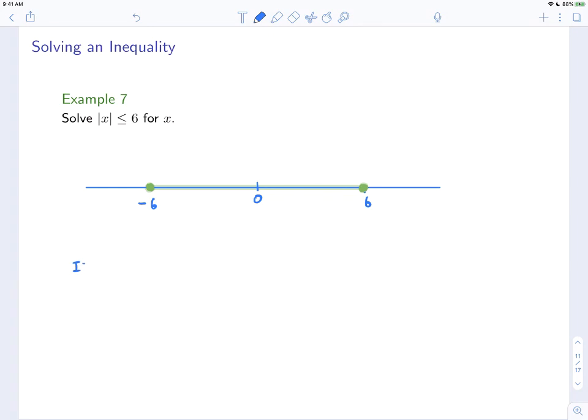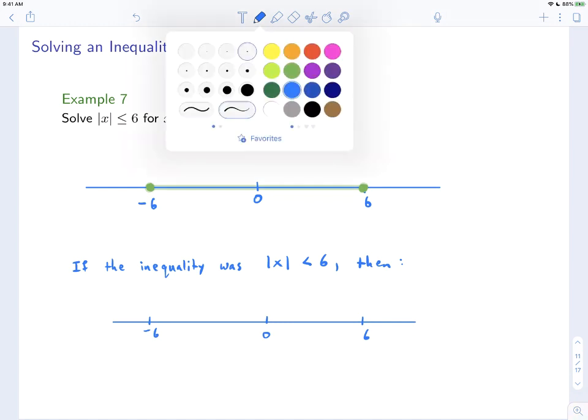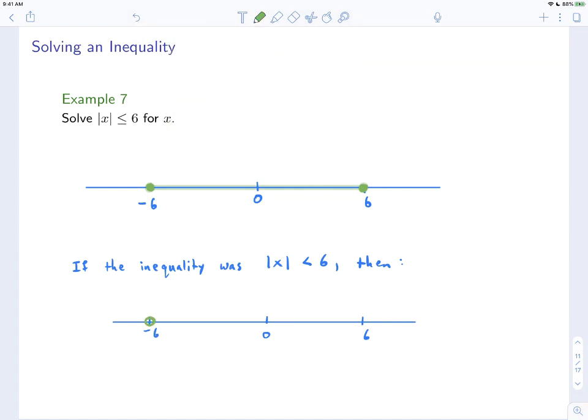So if the inequality was the absolute value of x strictly less than 6, then our solutions would be all of the numbers between -6 and 6, but not including the endpoints. So in that case, you'd draw an open circle like this. You wouldn't fill it in. And then we draw a line here to connect these two.